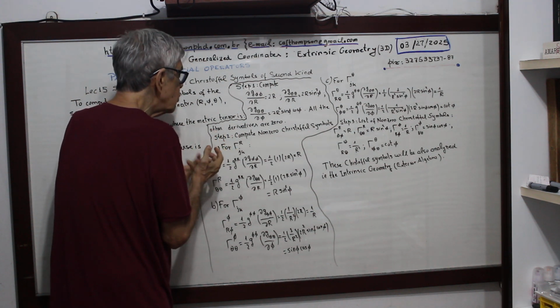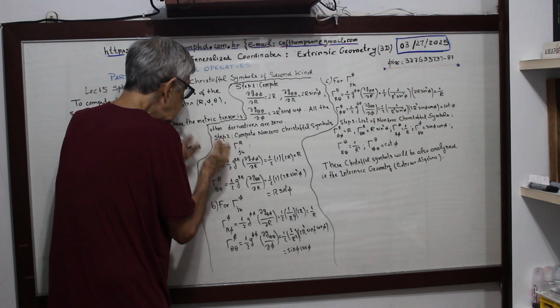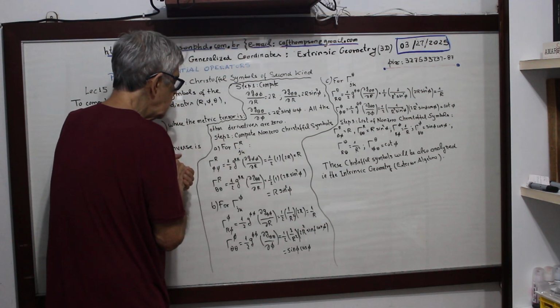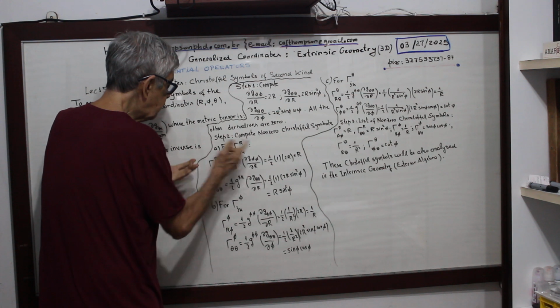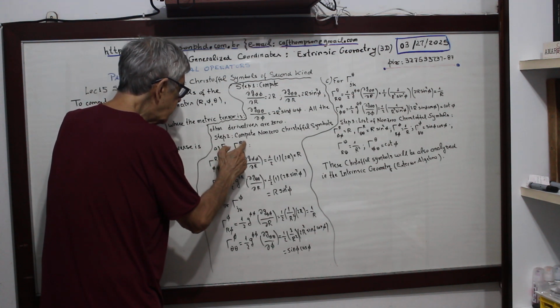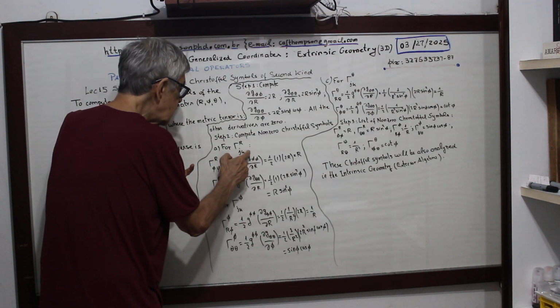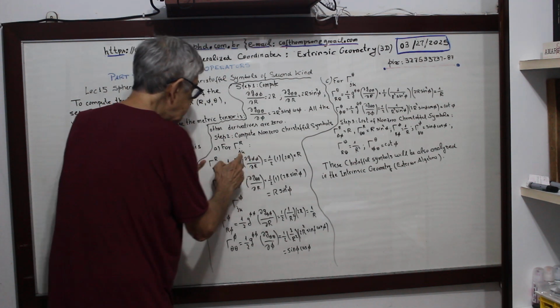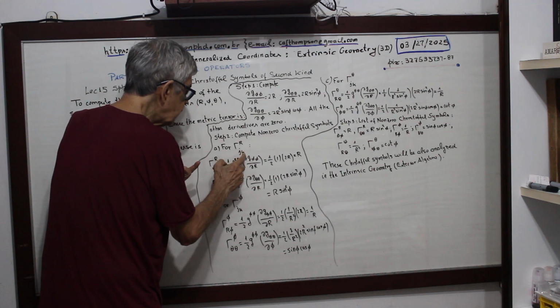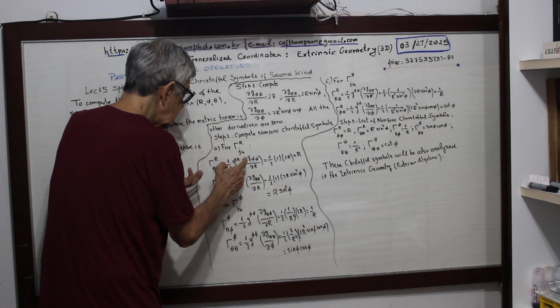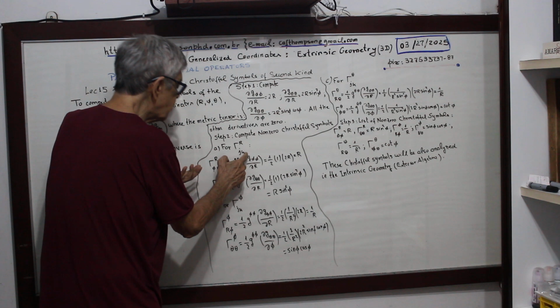Step 2. Now I will calculate for each non-zero Christoffel symbol. The first one is r, the upper index. This is JK. JK will be phi in this case, okay? And will be theta.